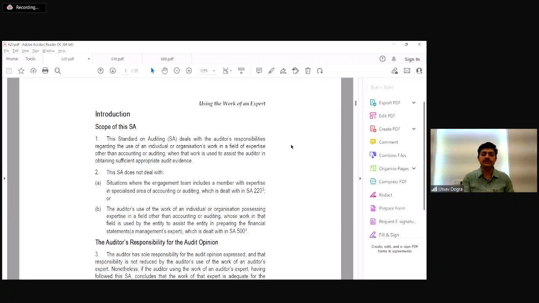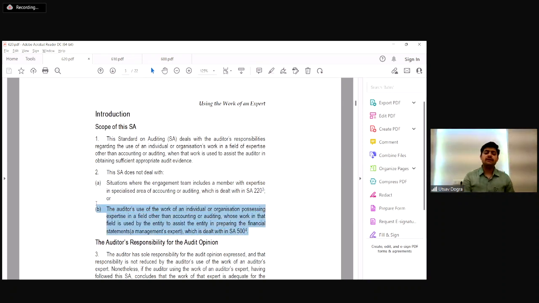So in para 2b, the definition: the auditor's use of the work of an individual or an organization possessing expertise in a field other than accounting or auditing, whose work in that field is used by the entity to assist the entity in preparing the financial statement, is a management expert, which is dealt with in SA 500.